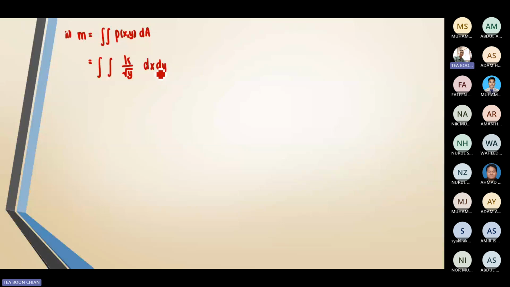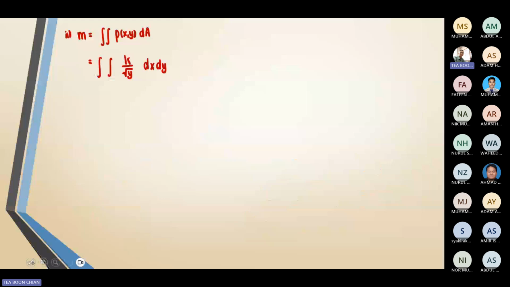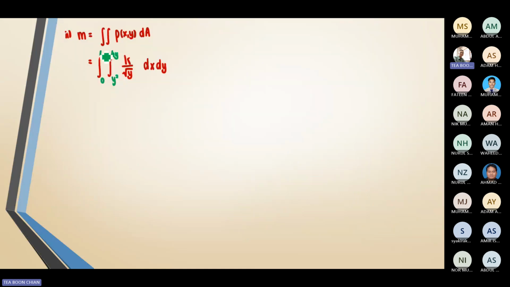Why do I put dx in front? Because the interval of x is already y squared to 4y. You actually have the interval already, so just take advantage of it, from y squared until 4y. The y interval is from 0 to 4. So this is exactly how you can plug in everything immediately without having to worry too much about the computational steps.